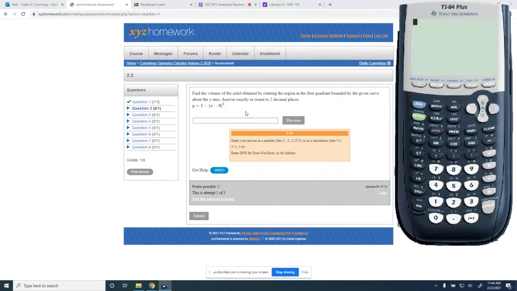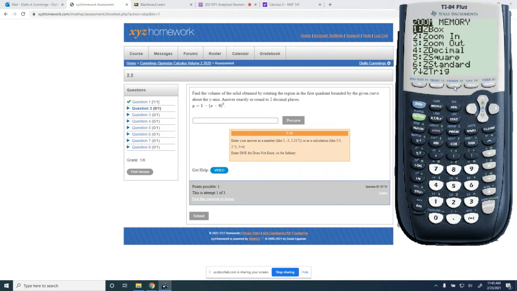So I'm going to graph it just to see what graph is produced when we graph 1 minus the quantity x minus 9 squared. I'm going to go into y equals. I'm going to clear out y sub 1. I'm going to put in 1 minus the quantity x minus 9 squared.